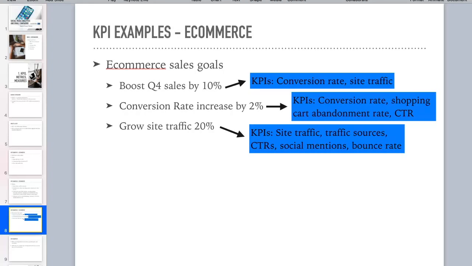So like I said, there can be these overarching high level KPIs, like conversion rate and gross site traffic, all these goals that also simultaneously are key performance indicators, let's say on a sales level or on a marketing level, but they can also be associated to additional KPIs that speak to your results and your success.